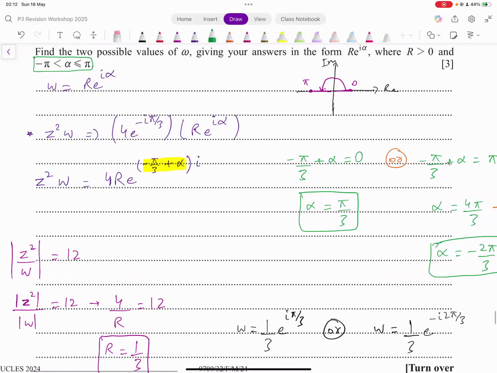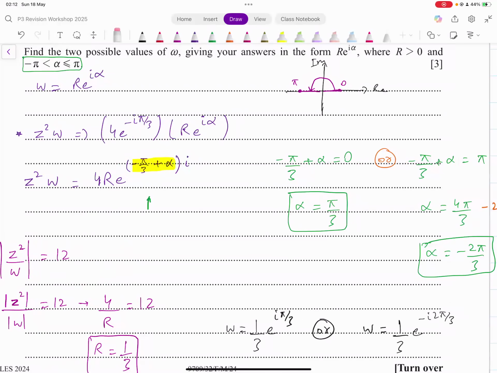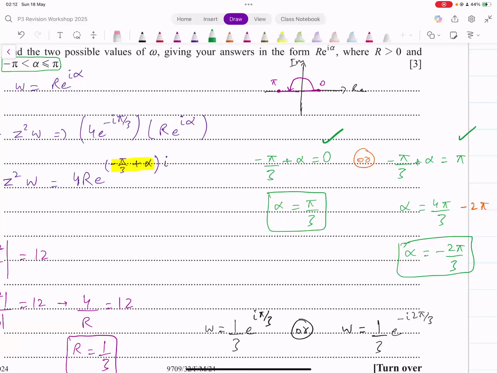The argument, as we said, could either be 0 if it's on the right side on the real axis, or pi if it's on the left side, right? So we could say this argument minus pi over 3 plus alpha could either be equal to 0 or it could be equal to pi. And that gives us the two possible values of the argument. One is pi over 3, the other is minus 2 pi over 3.